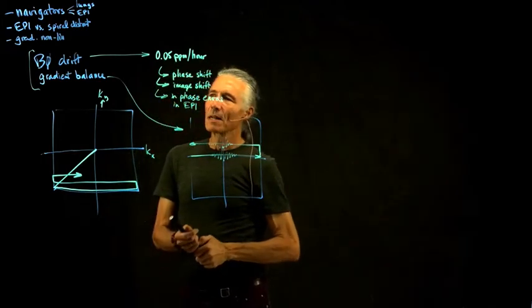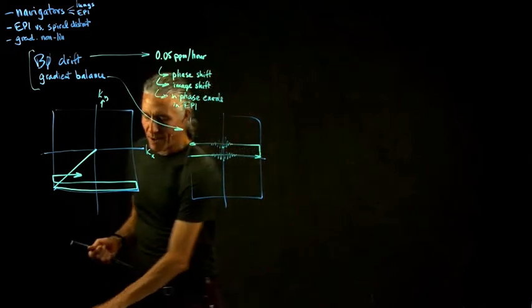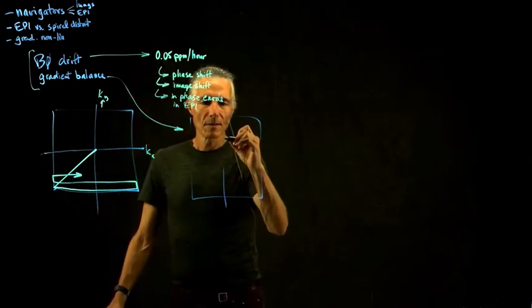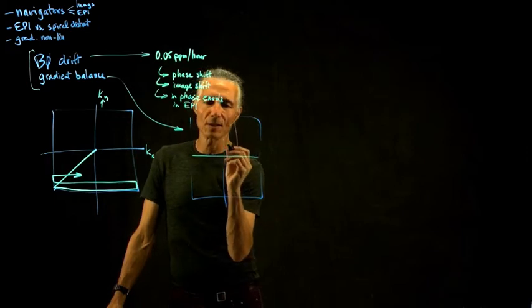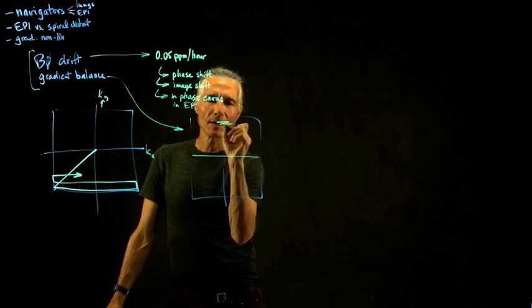One thing you could get is alternate lines of k-space shifted. If I just draw where the echo is very strong, you might have something like this, where the echo is a little bit off center.